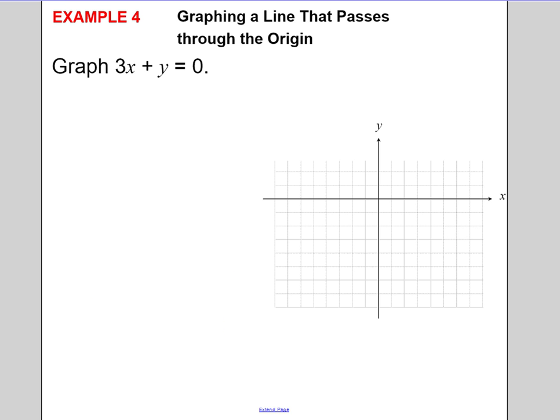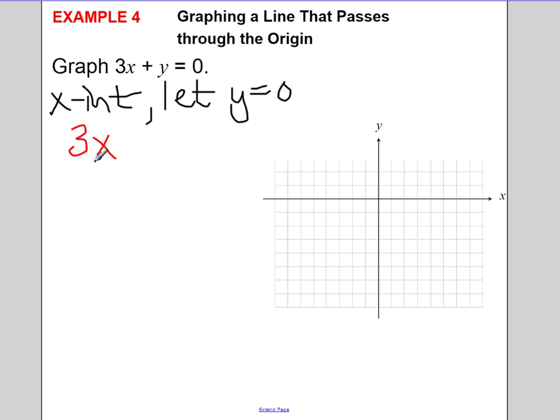Now let's look at a line that has both x and y. Typically with equations that have both x and y, your graph is going to cross the x-axis and the y-axis. To find the x-intercept, you're going to let y equal 0, and we get 3x plus y, replacing y with 0, equals 0, and we get 3x equals 0 when we simplify.